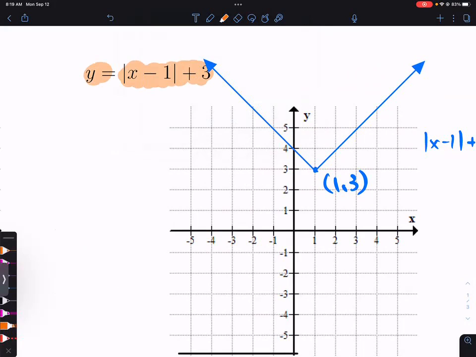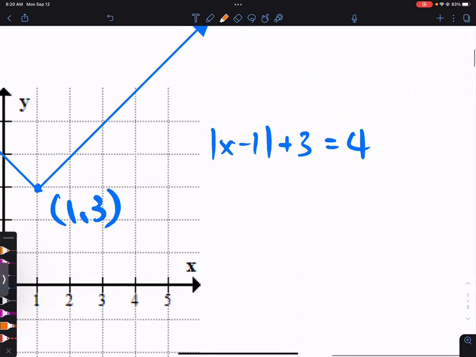Y equals the absolute value of x minus 1 plus 3, right? So if I'm setting that equal to 4, is 4 an X or a Y? A Y, right? If 4 was the X value, we'd be finding like f of 4, right? So setting this equal to 4 means what happens when Y is 4?